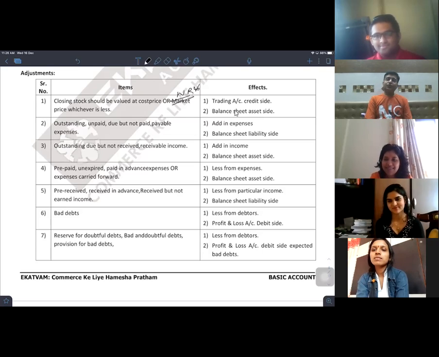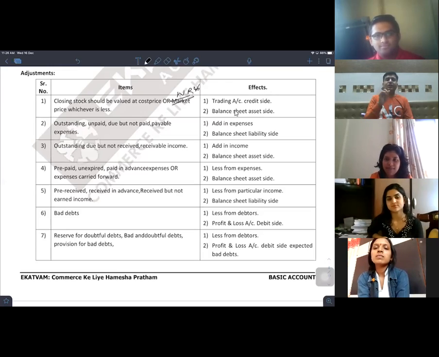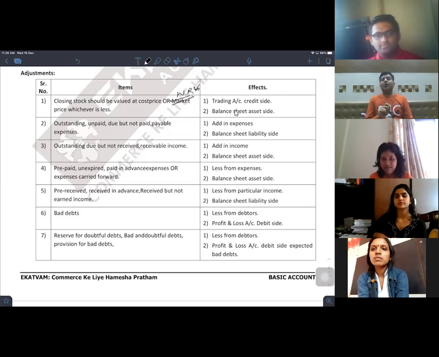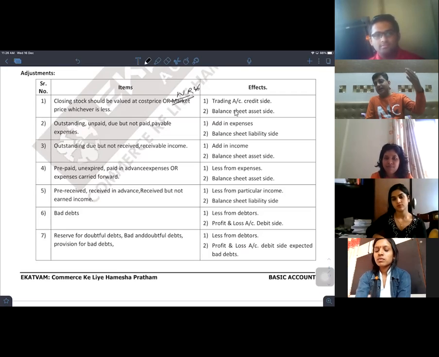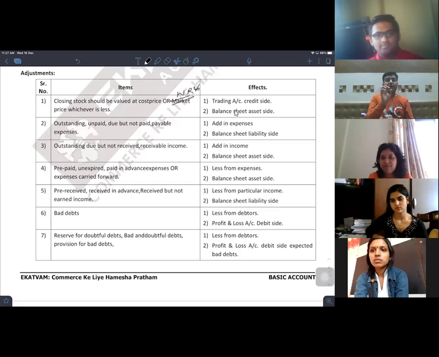Well, anyways, so when it comes to the adjustment related to the closing stock, first the value of closing stock will always be cost or NRV, whichever is less. That will not be at cost price. Now, closing stock is nothing but the part of the stock purchased by the business that is still unsold. Either you reduce it from purchases on the debit side of the trading account and show the net purchases there, or you show this closing stock on the trading account credit side.